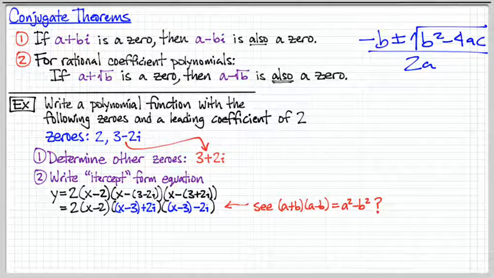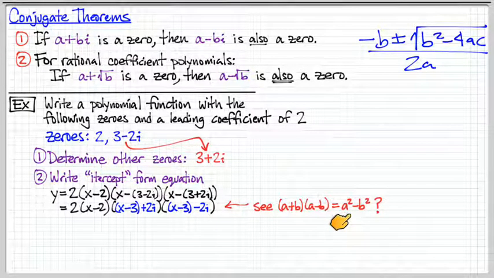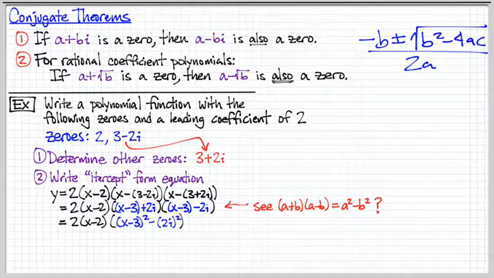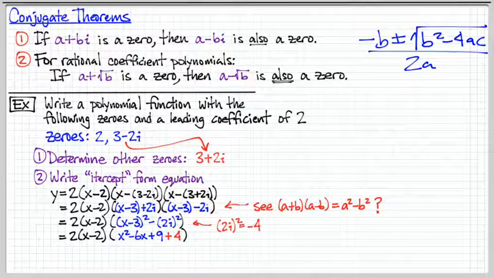Hopefully you can see within this structure an a plus b, a minus b type of structure that we can then rewrite as the difference of perfect squares. So the next line, we have expressed this as a squared minus b squared, and I can now re-express 2i squared as negative 4, so minus negative 4 becomes plus 4.